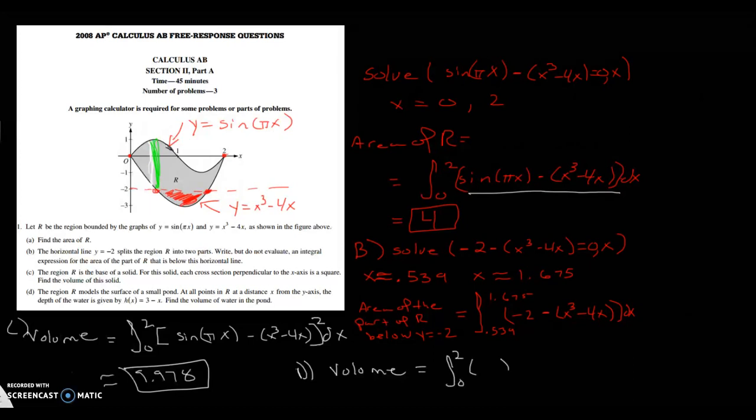Now your height is 3 minus x, times whatever you had in part A, so sine pi x minus the quantity x to the third minus 4x, times dx still, and you should get roughly about 8.370. And I hope this video helped.